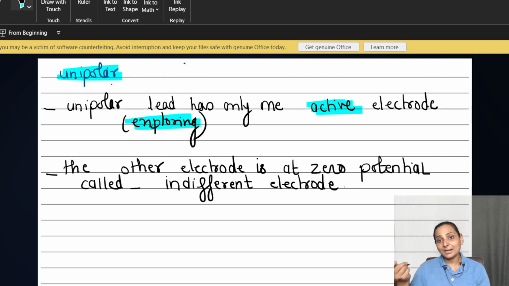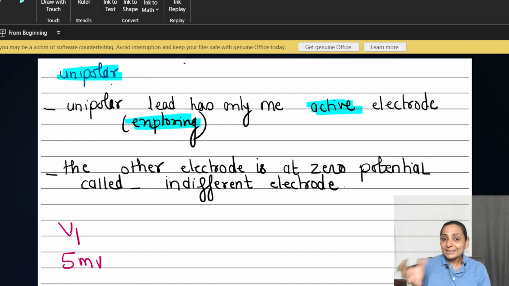Now what will we do about the other electrode? How are we going to generate that electrode? So in unipolar, suppose it is the chest lead V1, it is going to pick up the electrical activity of only V1. Suppose the electrical activity of V1 is 5 millivolts. It has to pick up that electrical activity.